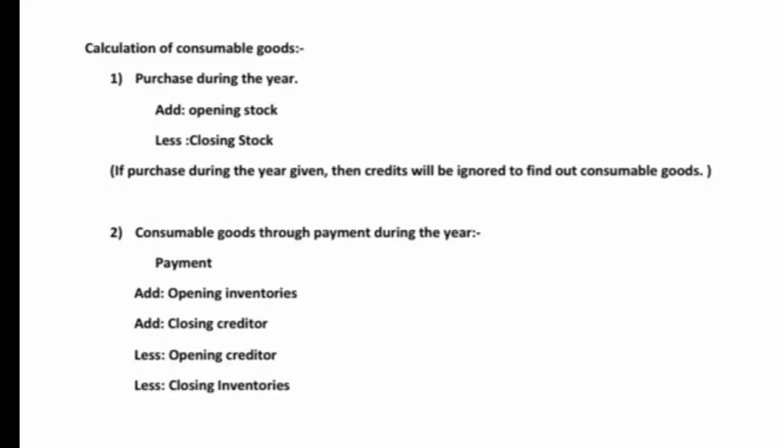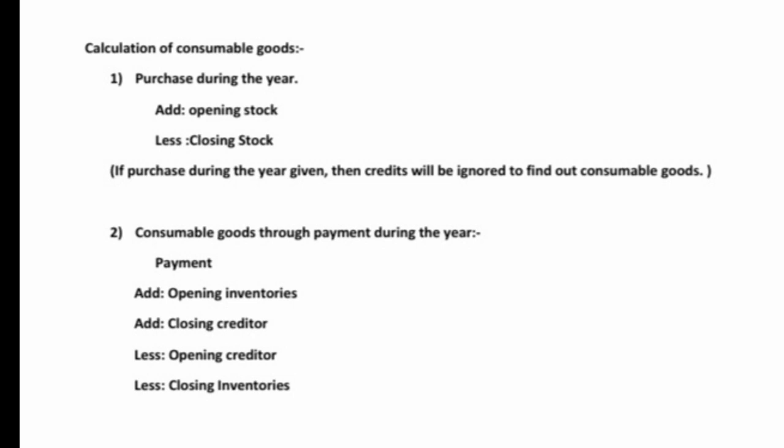Next topic, calculation of consumable goods. It means how much goods were consumed, so that amount will show in the income and expenditure account. First, purchases during the year amount given, add opening stock, less closing stock. Then this amount will show in the income and expenditure account.